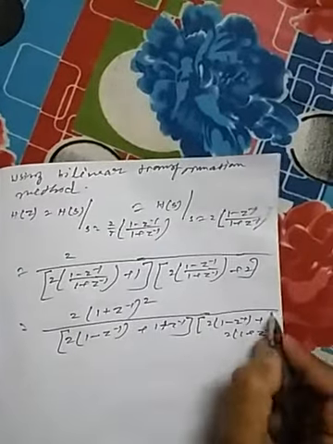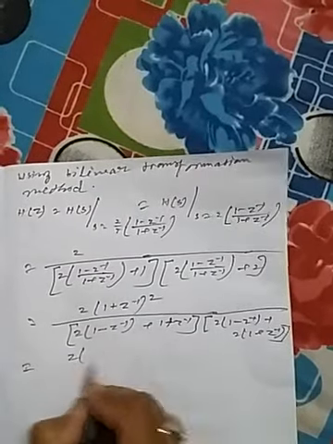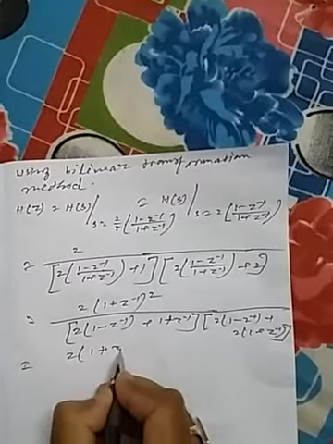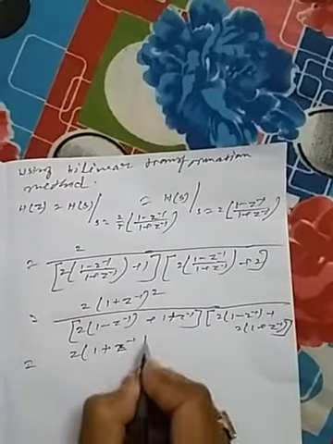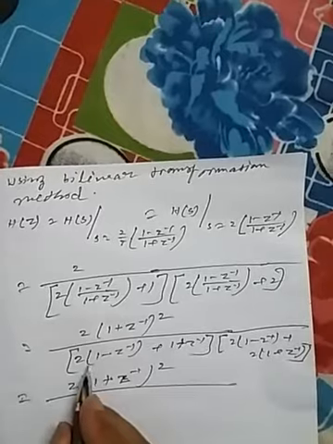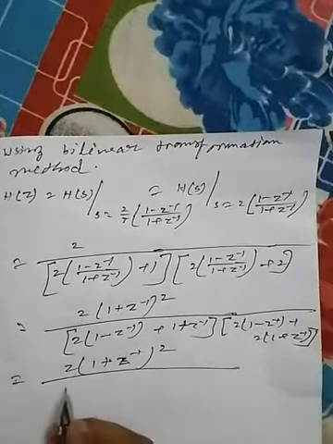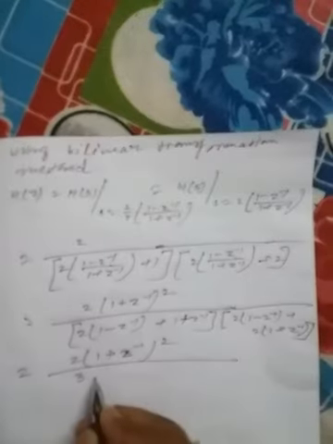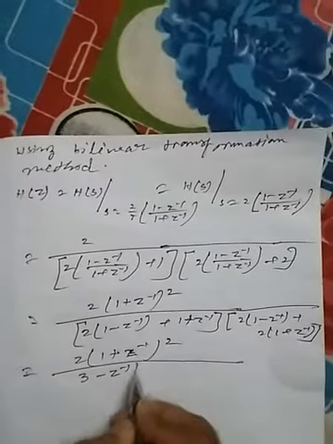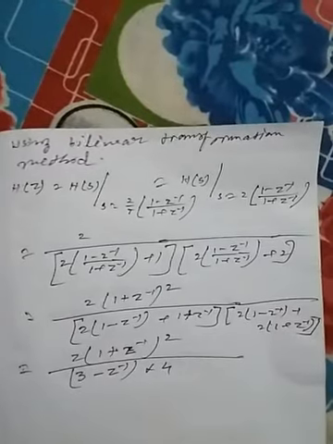This equals 2 minus 2 z inverse, so 3 minus z inverse, into 4.